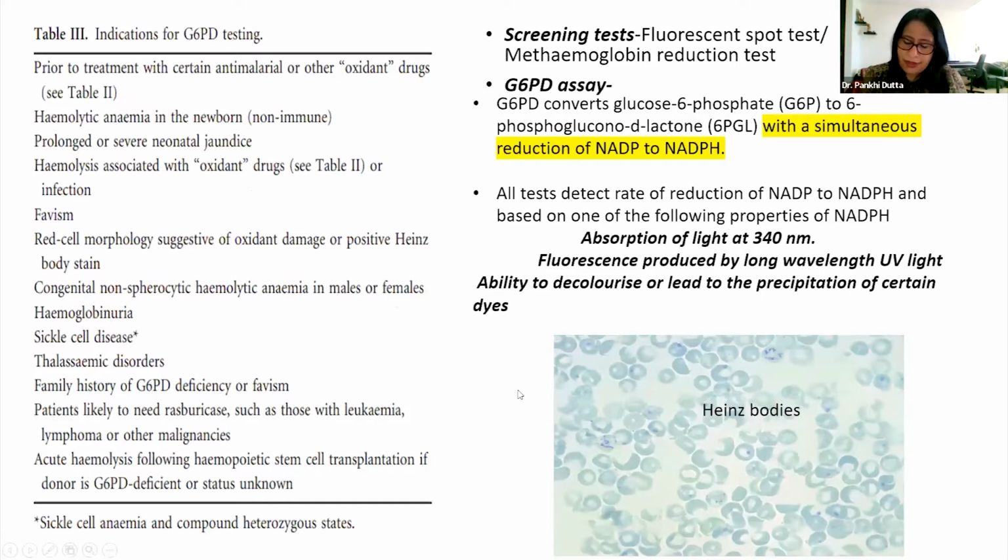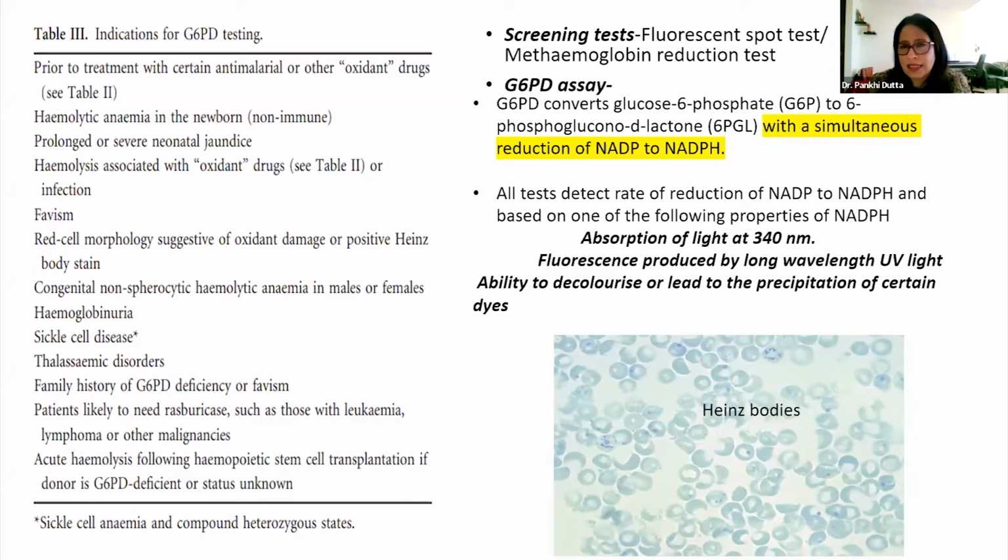So to have a definite diagnosis, one needs to, of course, go for tests, either a screening test or a proper G6PD quantitative assay. So what are the indications actually for G6PD testing? Definitely what we had seen, a presentation like that, we have a history, there's hemoglobinuria, intravascular hemolysis, and we know that this patient had been treated with antimalarials just 10 days ago.